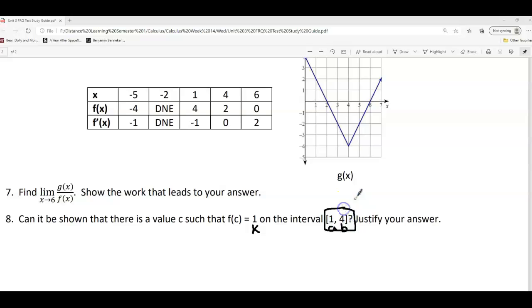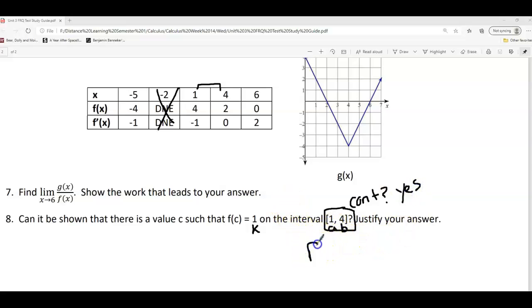So is it continuous on this interval? Well, let's take a look. We're talking about the f function, right? So when we're talking about the f function, it has a discontinuity at -2, but the interval I care about is right here. So this is not on that interval, so we're good to go. So this is a yes, it is continuous.